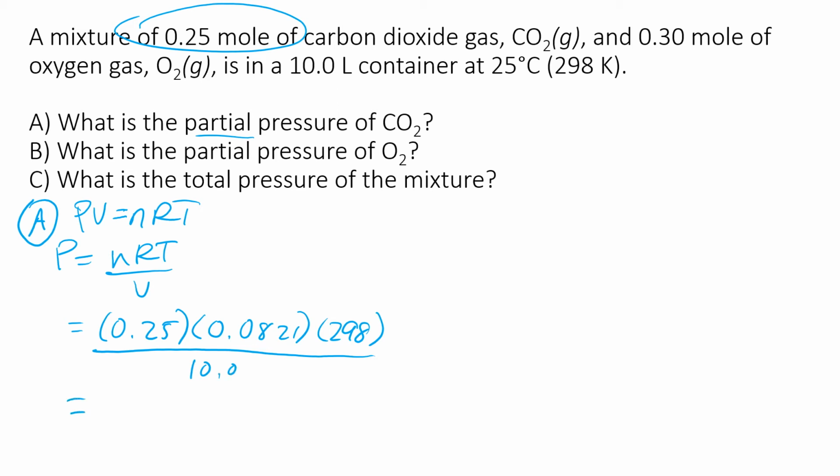So 0.25 times 0.0821 times 298 divided by 10. My pressure is going to be in atmospheres, so this is going to be 0.61 atmospheres. So this is the pressure of CO2.